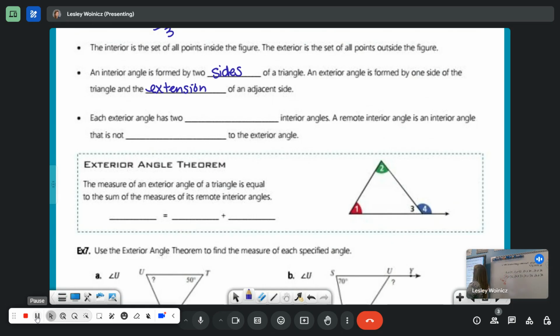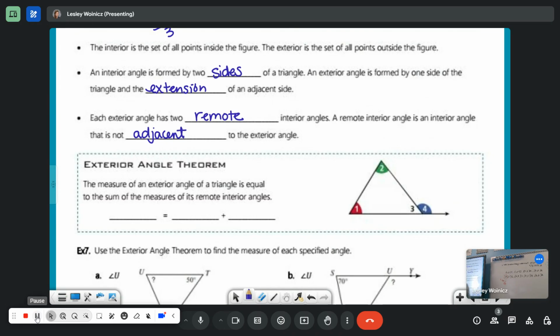Okay, each exterior angle has two remote interior angles. A remote interior angle is an interior angle that is not adjacent. Okay, that was a lot.